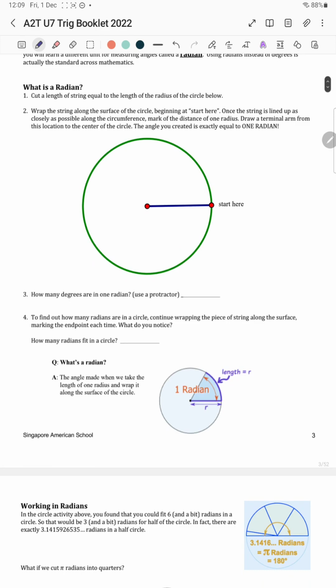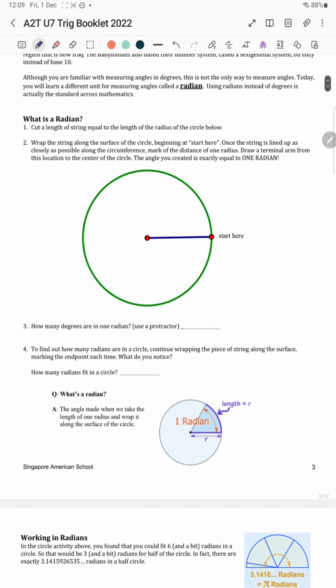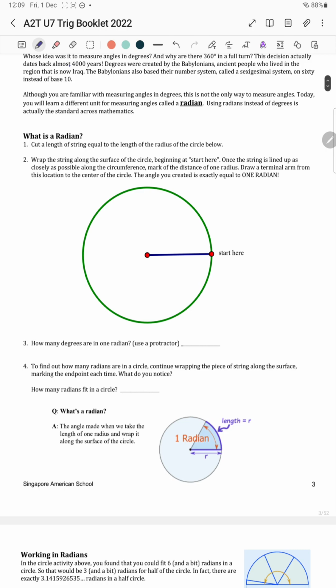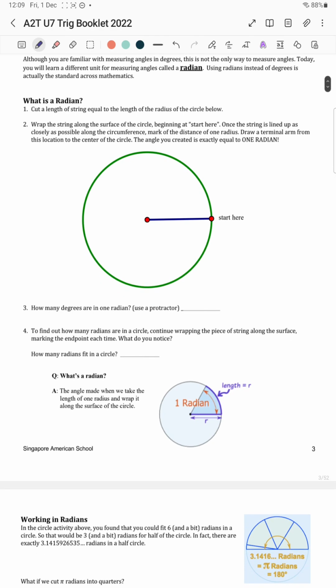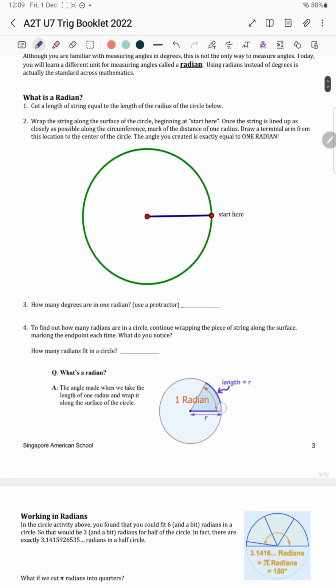What is a radian? Okay, so here we're going to learn another unit used to measure angles, called the radian. So what is a radian? It is the angle made when we take the length of one radius and wrap it around the circumference.